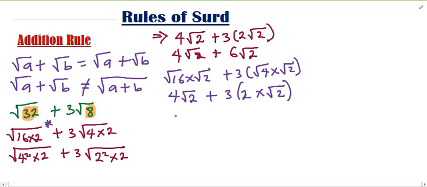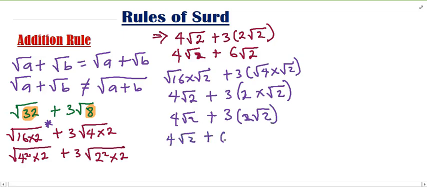So you'll have 4 surd 2 plus 3 bracket 2 surd 2. So 4 surd 2 plus 3 times 2 is now 6 surd 2. They are actually exactly the same thing.